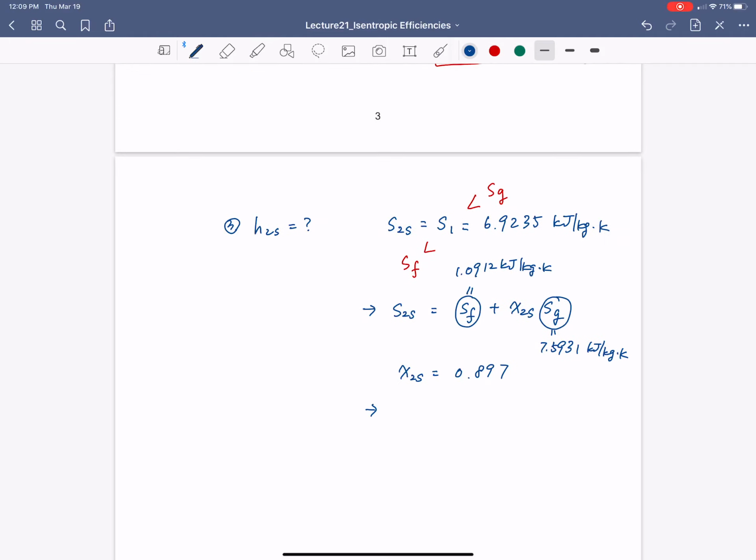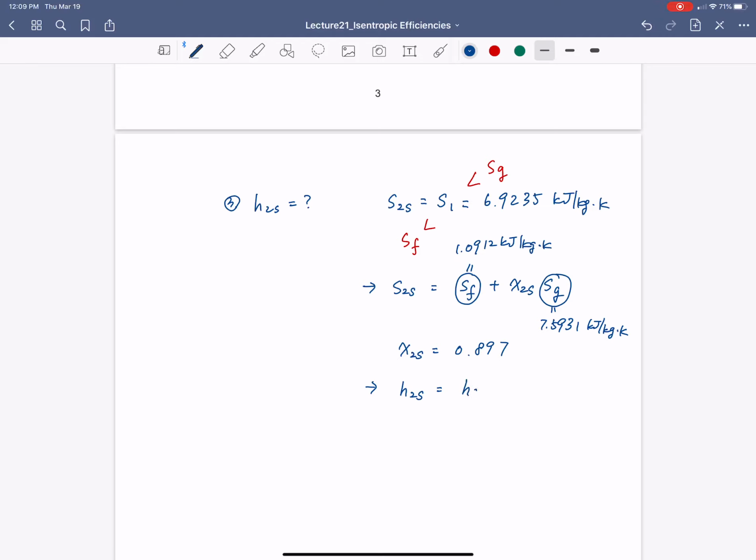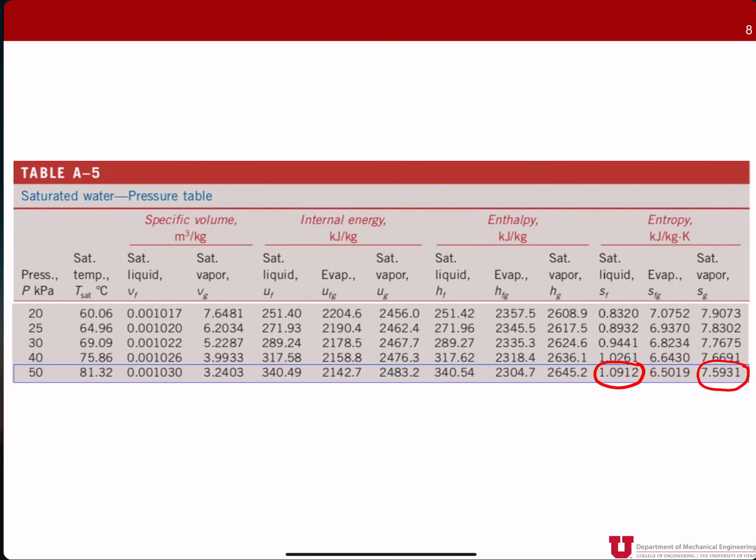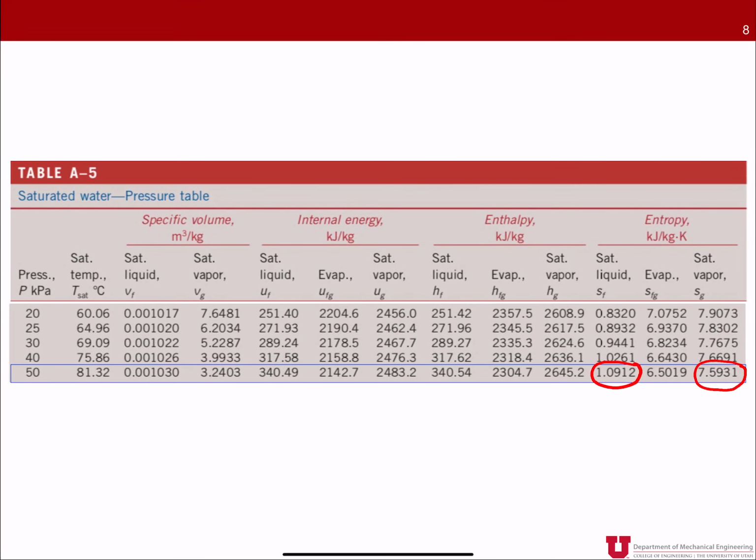From the given quality, then we also can calculate the enthalpy of point 2S as hf plus x2S hfg, okay? Again, from the same table A-5, we have the saturated liquid enthalpy and the difference between saturated liquid and saturated vapor enthalpy values.